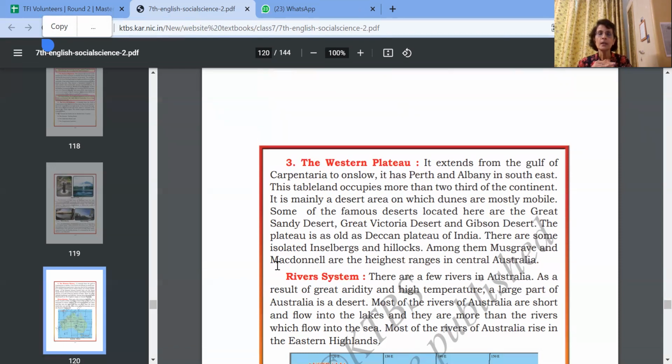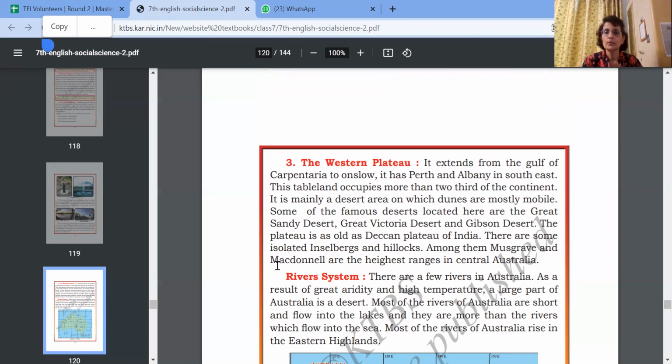So it is basically at a height. It is not at sea level. So any piece of land like that, it is called a plateau. So it extends from the Gulf of Carpentaria to Onslow, and it has Perth and Alabama in the southeast.